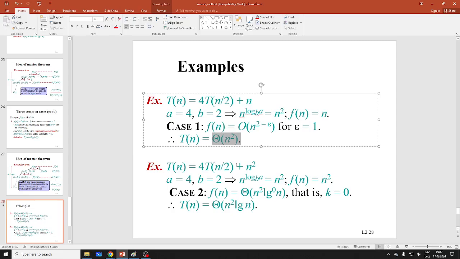But if you go to the next example, this is a tricky one, even though the case is relatively simple. You have n squared here, and as we just saw, the recurrence is still the same. So again, n squared. Both sides are equally important. So it's not n squared, and this is where people will go astray. They think it's n squared. It's not, because this means that we have some logarithmic growth from the leaves.